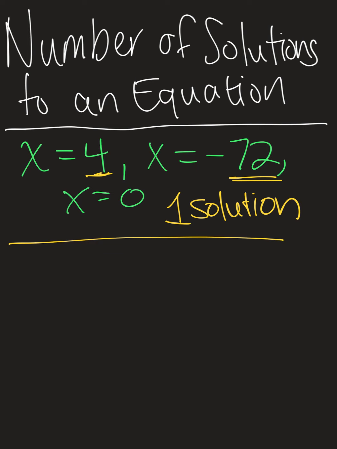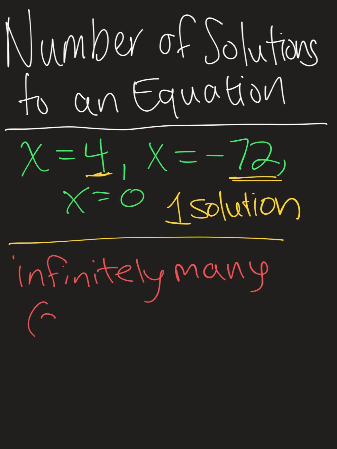However, sometimes we will end up with a solution that does not exist, or we'll end up with infinitely many solutions. So if we have infinitely many solutions, this is sometimes listed as all real solutions. Okay.